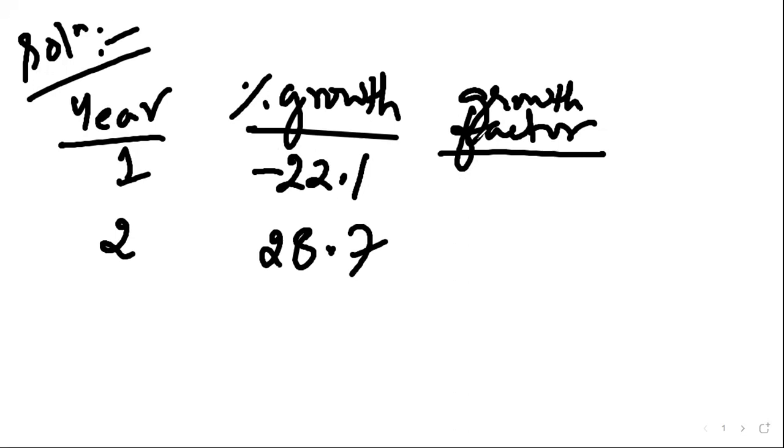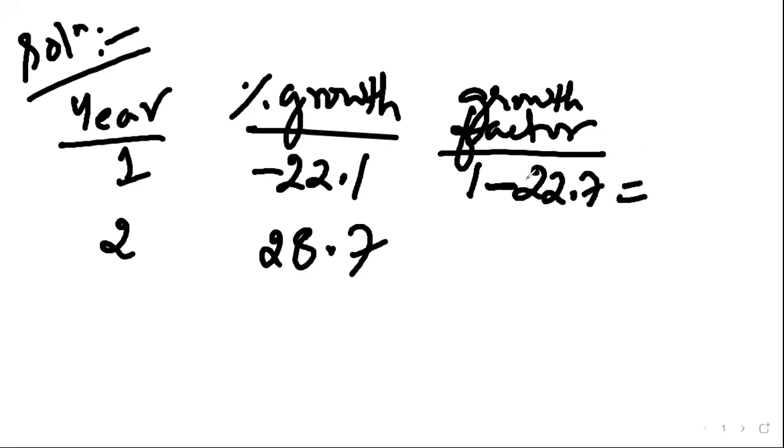That means if a person had invested 100 rupees, towards the end of the first year the money value has depreciated, and 22 rupees is the loss. So the growth factor is considered as 1 minus 0.221.